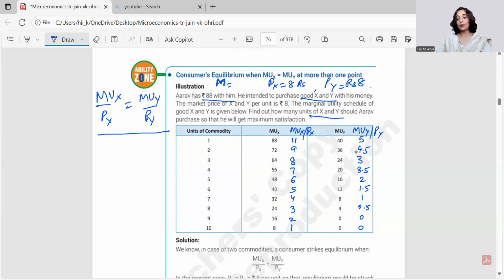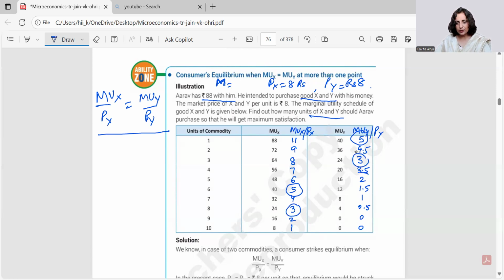Now the question is, the formula says MUX by PX should be equal to MUY by PY. So we find that we have 5 here and 5 here. Not only 5, we have 3 here and 3 here.